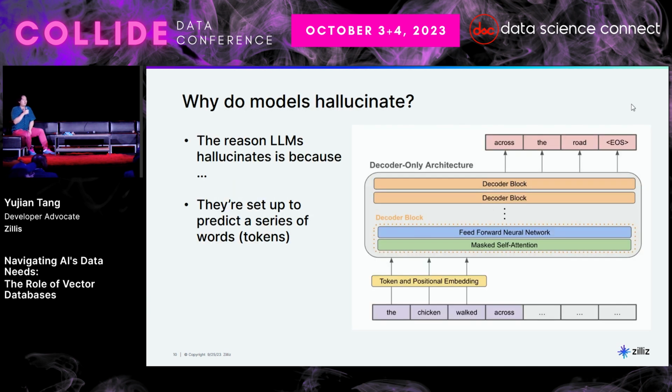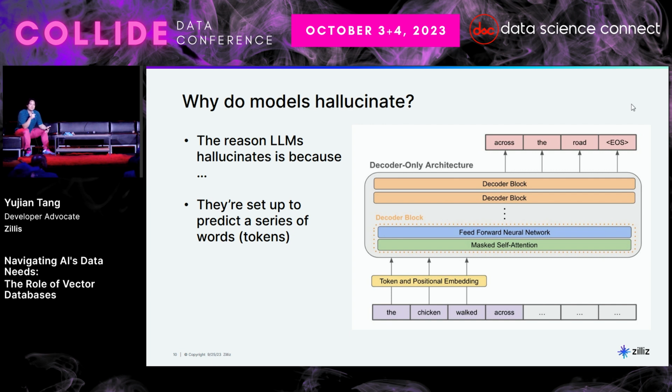So the reason why large language models have these issues is because they're neural networks. And this example is an image of what GPT's architecture looks like. GPT is a decoder-only architecture.